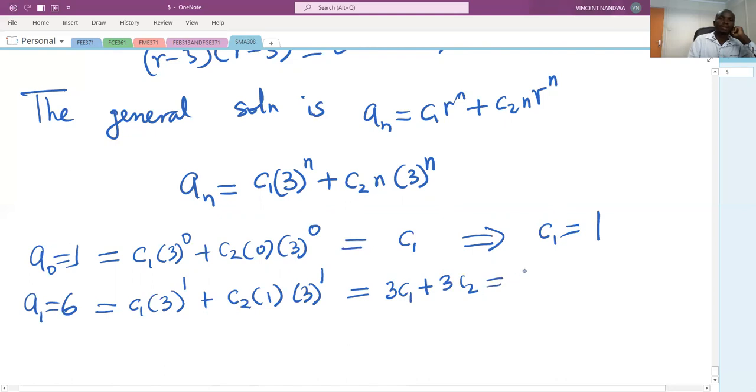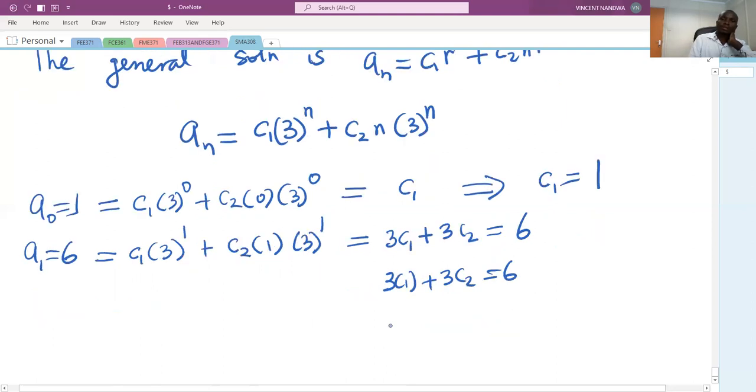This equals 6. But because we know c1 is 1, we'll have 3 times 1 plus 3c2 equals 6. So we'll have 3c2 equals 6 minus 3, which is 3. So c2 will be 1.